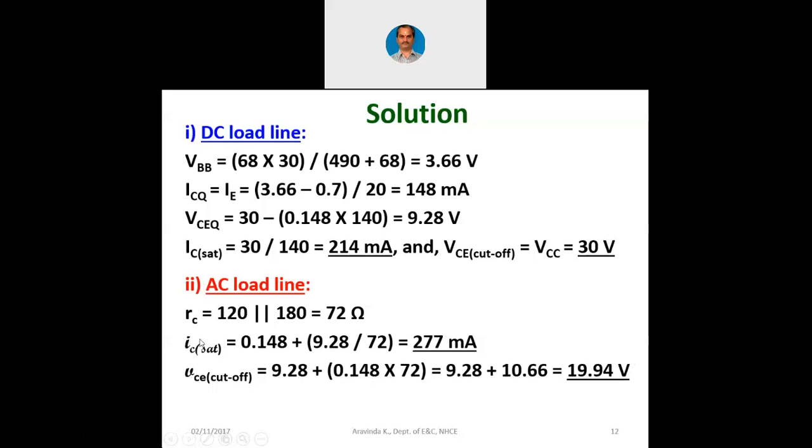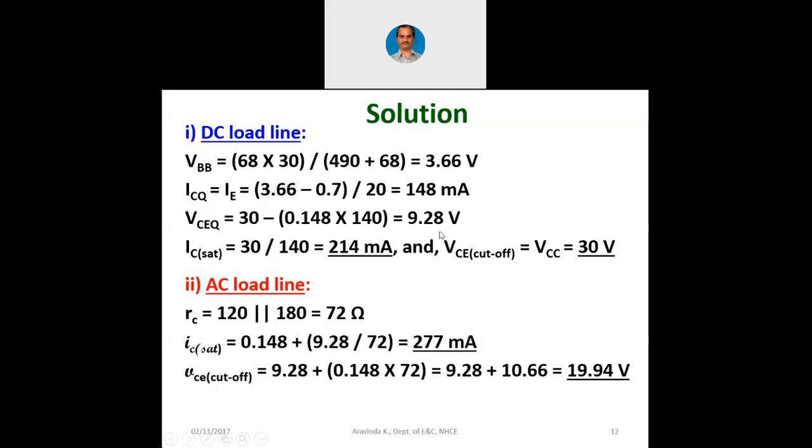Now you can see in the case of DC load line, VCE cutoff was 30 volts, whereas in the case of AC load line, the VCE cutoff came to around 20 volts. 19.94 volts can be taken as approximately 20 volts. That means the current got increased and the voltage got reduced as far as AC load line is concerned.